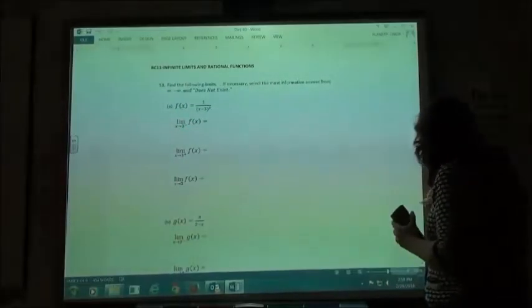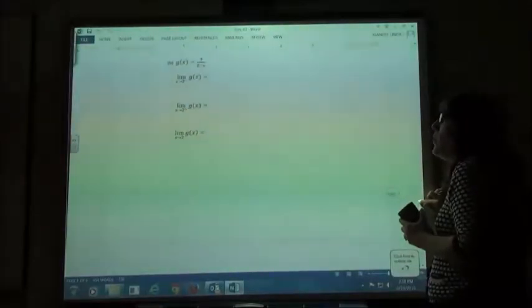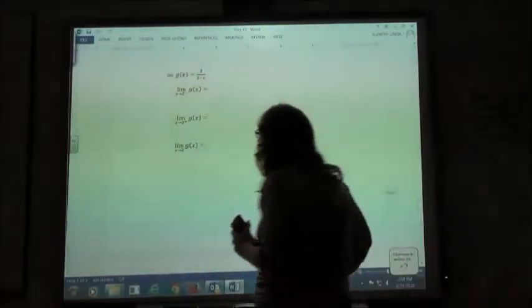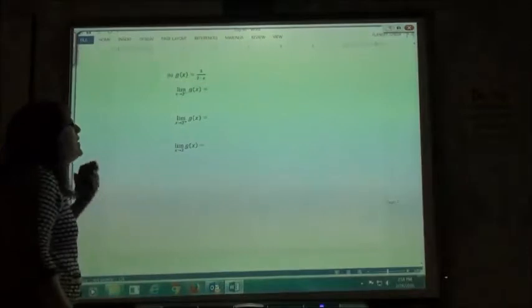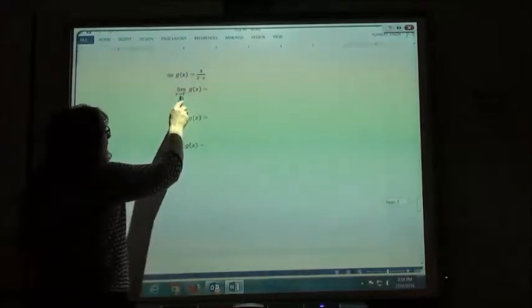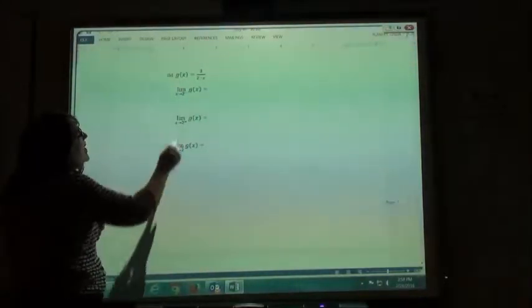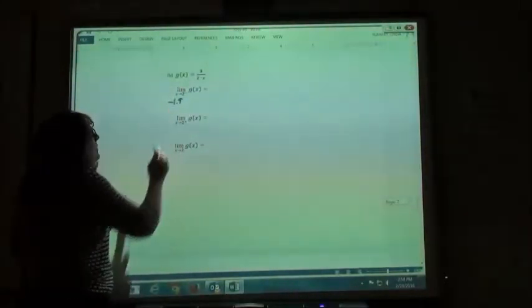Part B, if I move that down so I can see part B. Again, if I would put 2 in here, I would get 3 over 0. So I know my limit's either going to be positive infinity or negative infinity. So as I approach 2 from the left-hand side, I'm going to use 1.9.